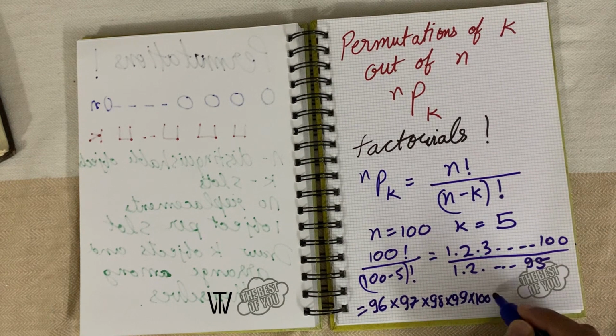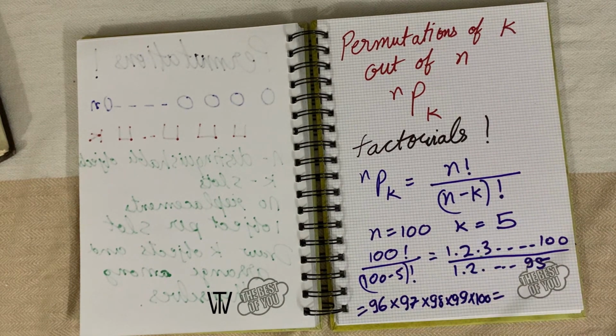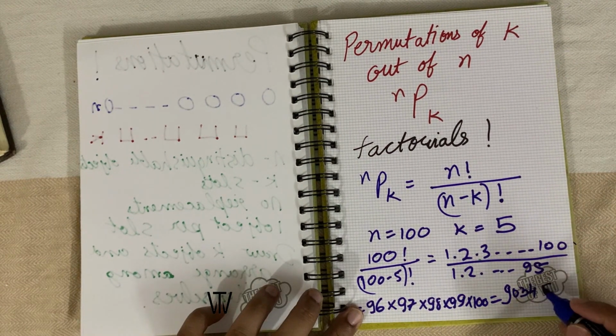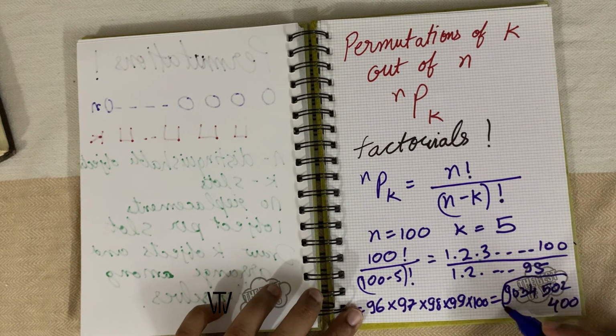So you can just cancel these numbers from 1 to 95 and you are left with 96 times 97 times 98 times 99 times 100. This number is actually 9,034,502,400.